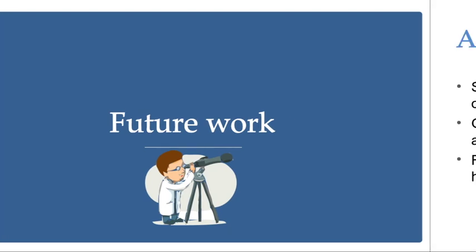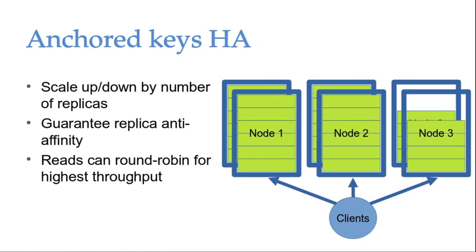Future work. In the first design of our anchored keys algorithm, we sacrificed high availability. So the next step is to be able to have additional replicas that would allow repairing data in case of node loss in one of the primary owners or the backup owners.